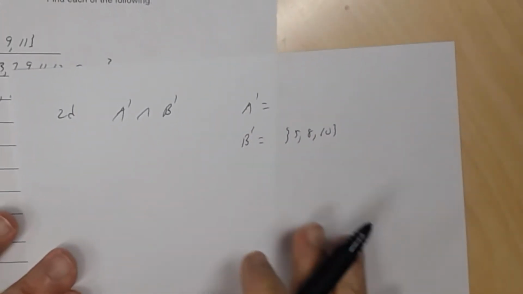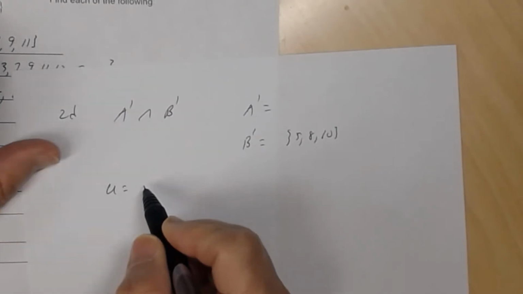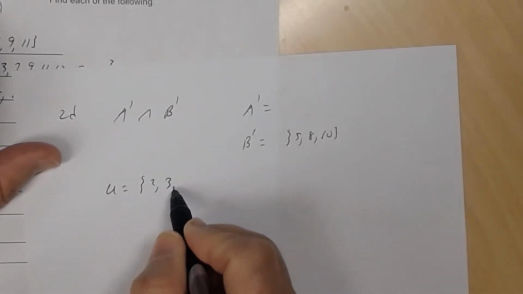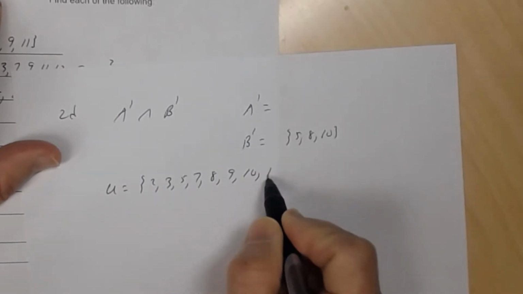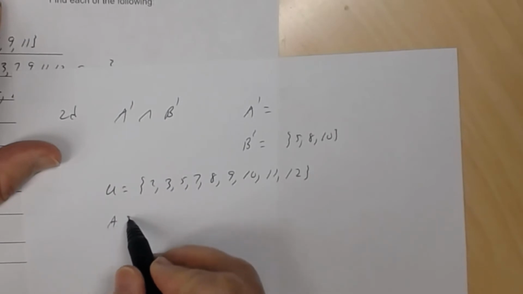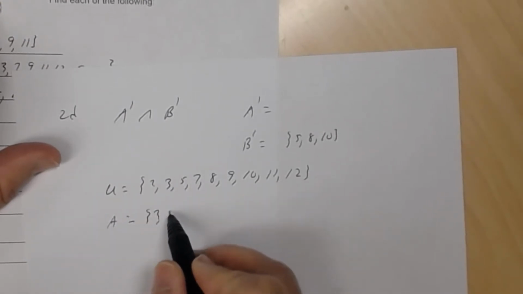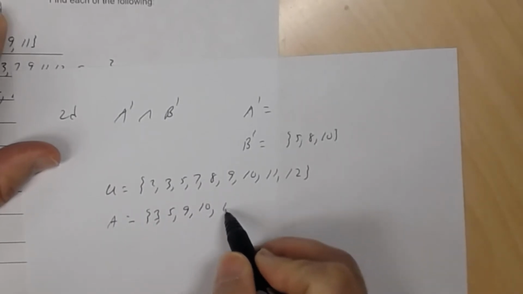Now let's find A complement. To find A complement, list my universal set: 2, 3, 5, 7, 8, 9, 10, 11, 12. A is 3, 5, 9, 10, and 11.